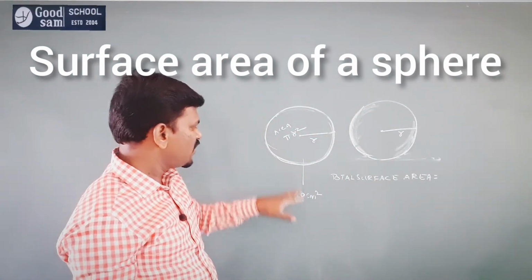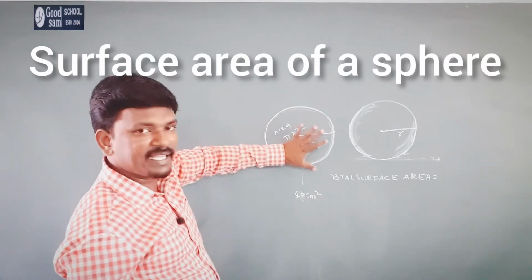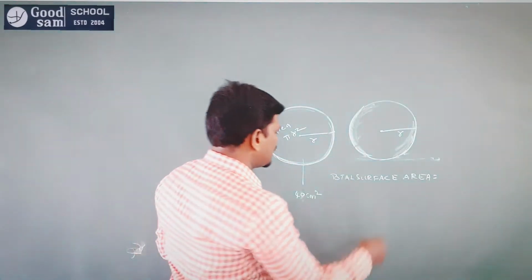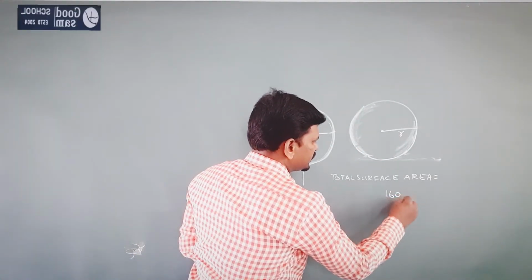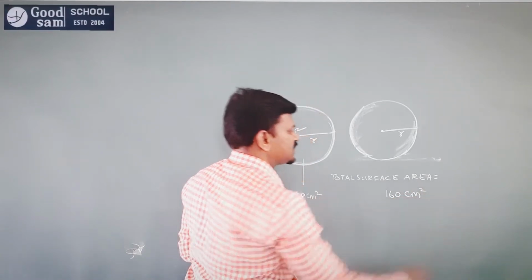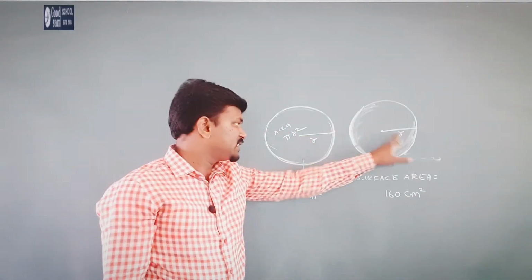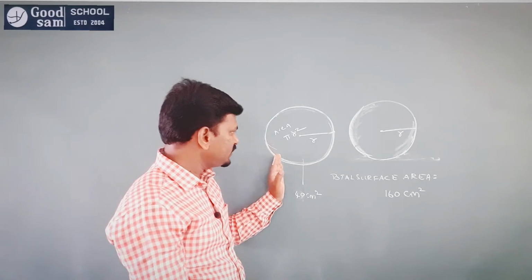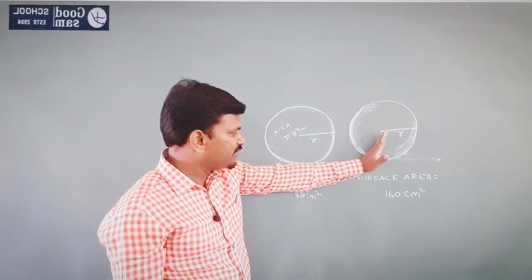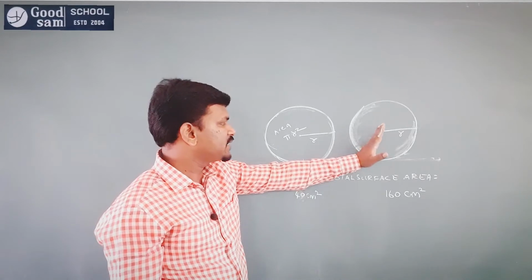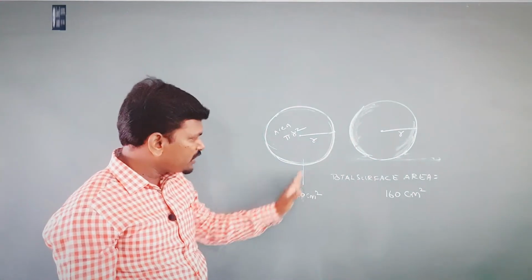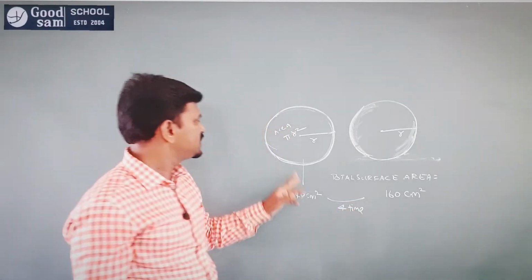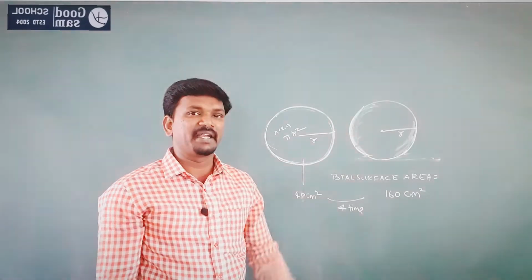Then the entire surface area of this sphere will be 160 centimeter square. If they have the same radius, the entire surface area of a sphere will be 4 times the area of a circle.